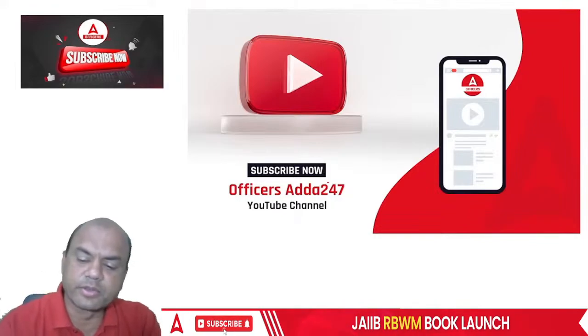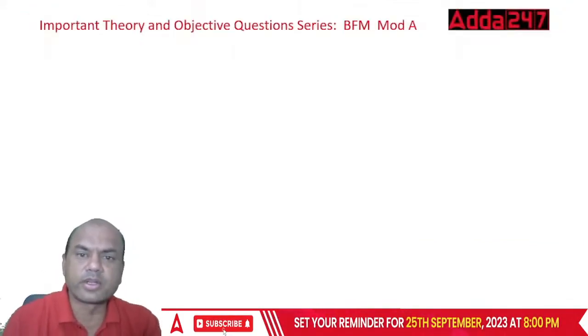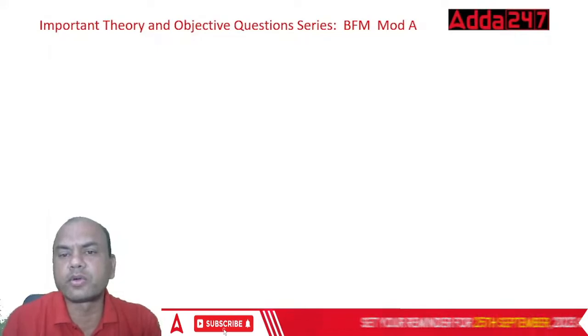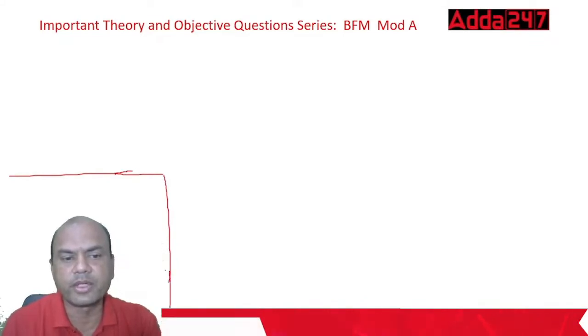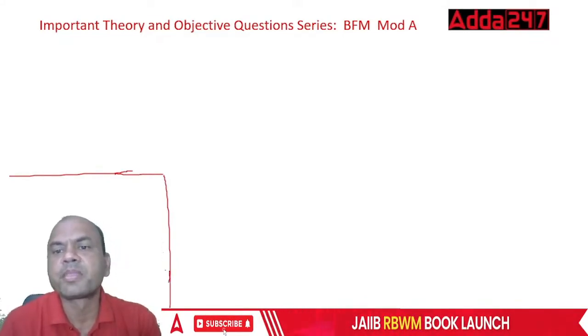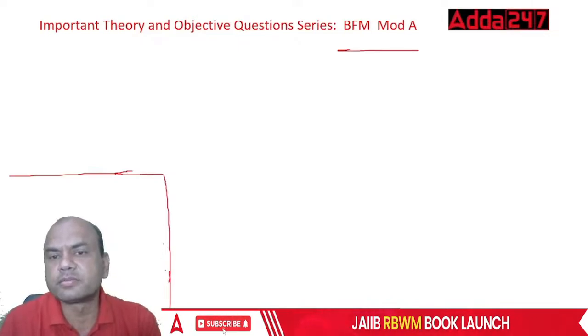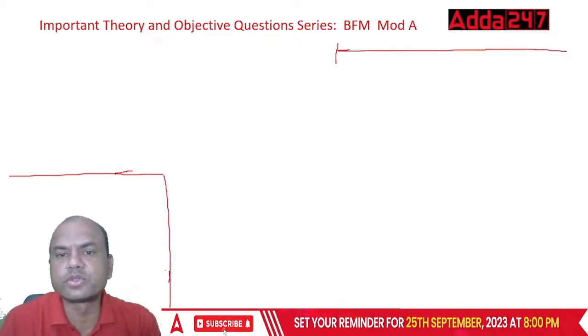Chalo, let's start this numerical. See, what is the numerical actually? See this, I'll draw it over here. Firstly, let me draw a line over here. Otherwise, it goes behind my video. Now, this is June 1.